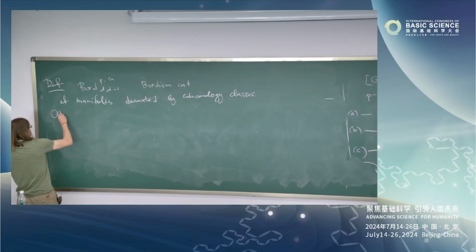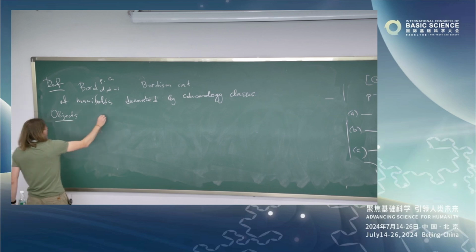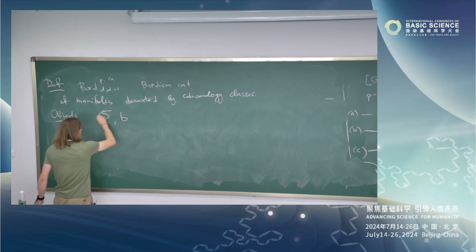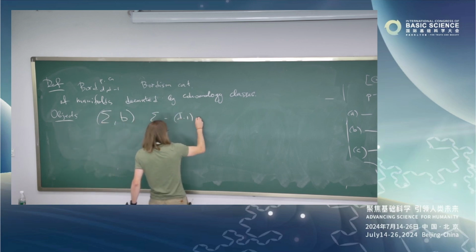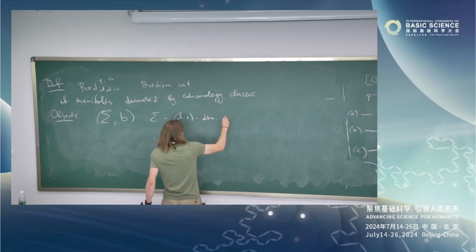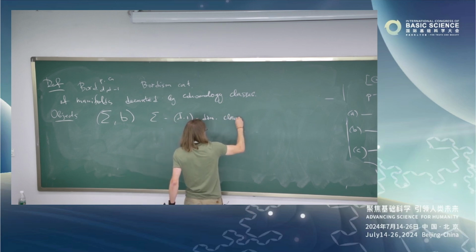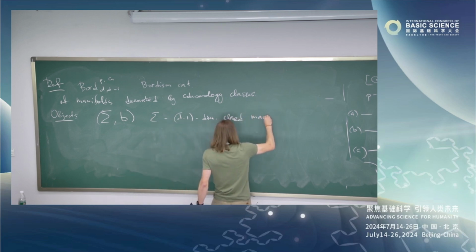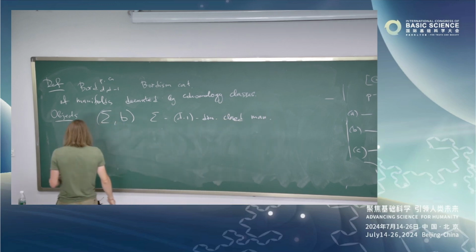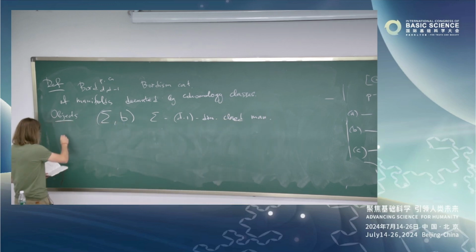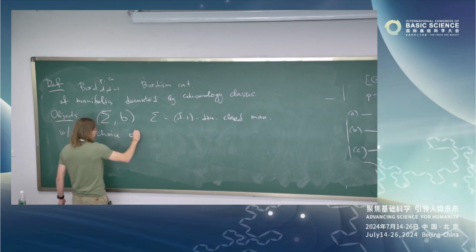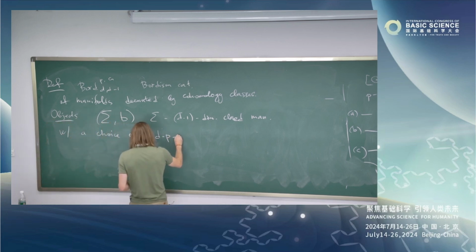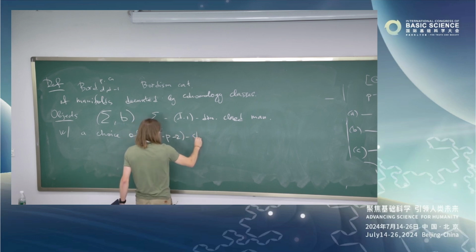Okay, so the objects will be pairs sigma, B, where sigma as before is a d-1 dimensional manifold. And we implicitly assume the choice of the following additional data: the choice of a (d-p-2)-skeleton.